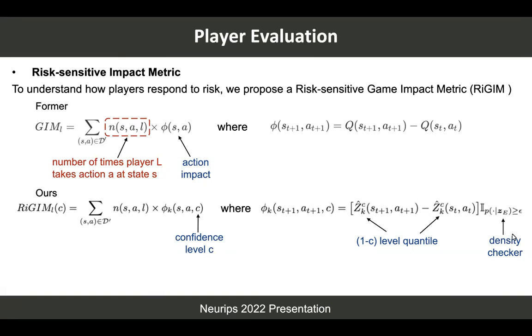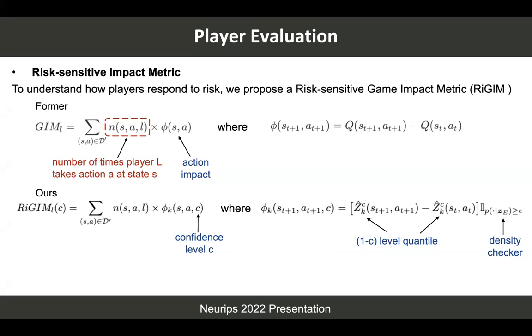But here we also need to do a density check. If this data sample has a higher density, then we think its epistemic uncertainty is small, so we keep this data sample. If the density is very low, then we think it's out-of-distribution data, and we want to avoid these samples, so we don't use them in our player evaluation metric.